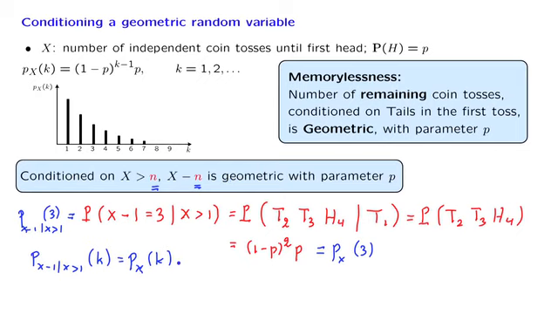Therefore, the statement we're making is that this geometric PMF will also be the PMF of x minus n, given that x is strictly larger than n, and this will be true no matter what argument we plug into the PMF.